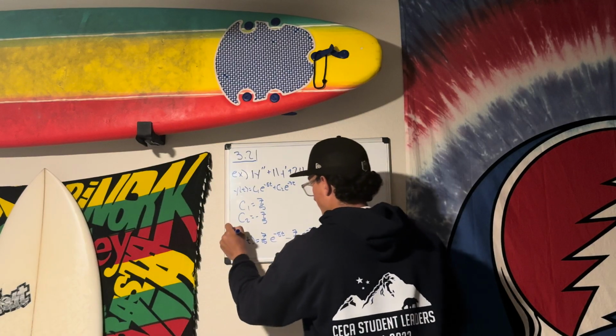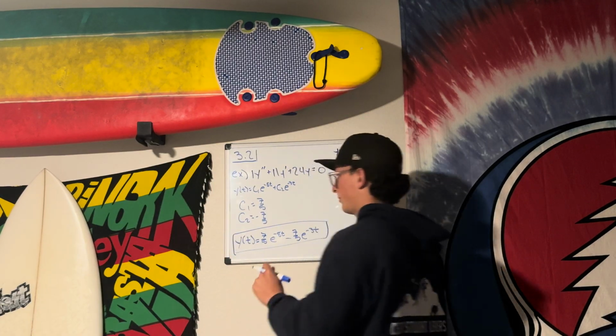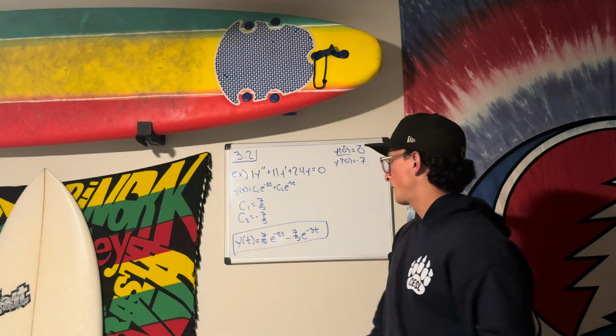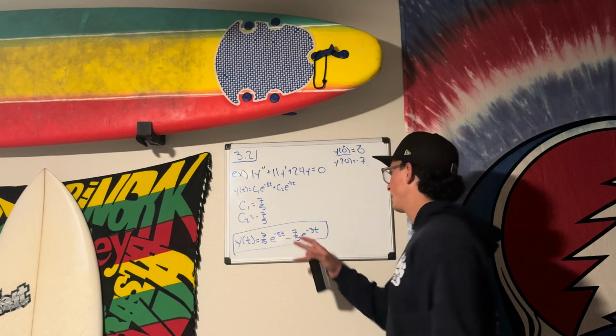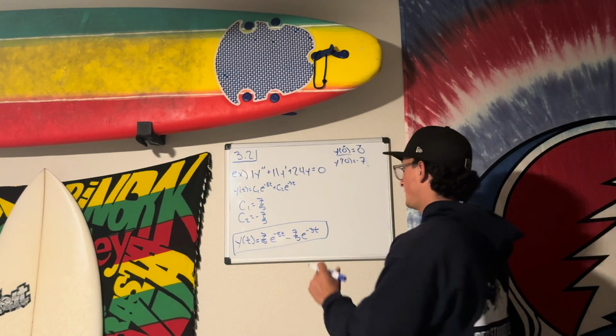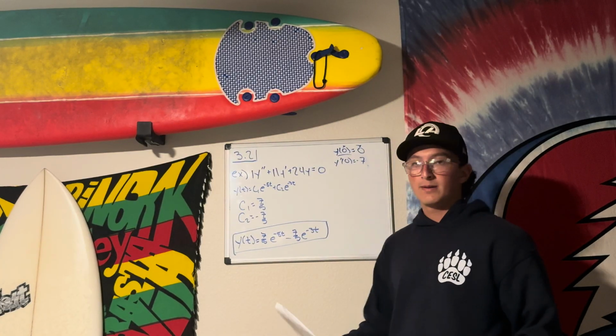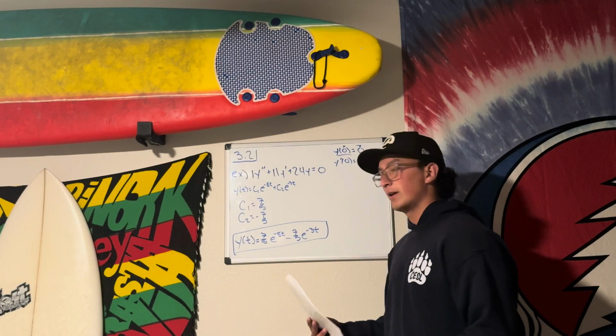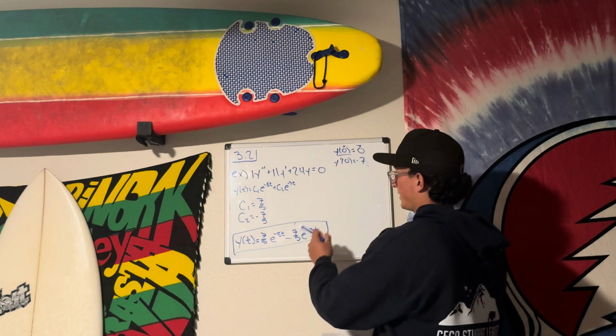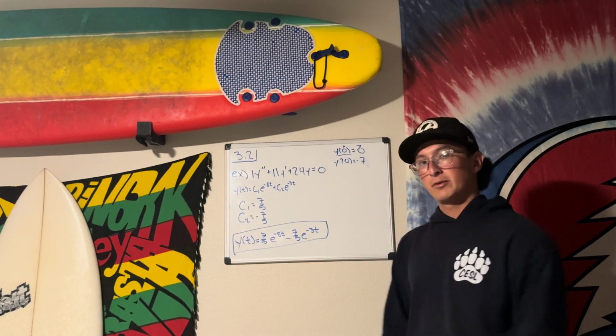And this is our final answer: y of t equals 7 fifths times e to the negative 8t minus 7 fifths times e to the negative 3t. It's a long process, but it's actually very simple once you get to know it, and very repetitive. However, this is how we solve for our real and distinct roots.